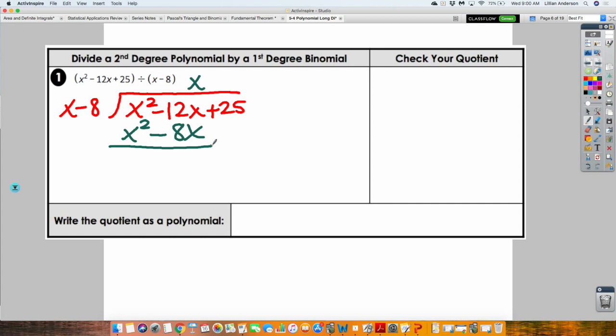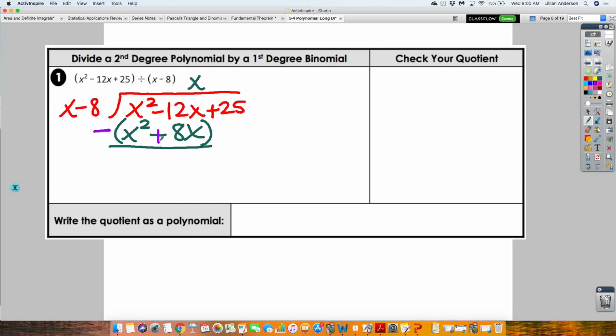You multiply it by the entire divisor. And then you subtract. Isn't that what we did next? Was subtract? Now, you're subtracting that entire term. So that negative is going to carry over to not just the x squared, but also to the negative 8. So what I like to do is I pretty much just like to change the signs.